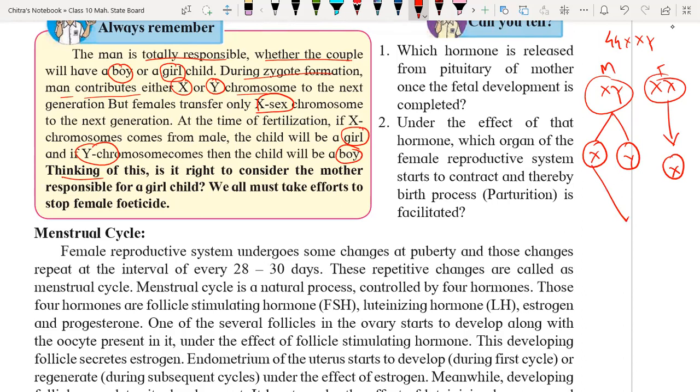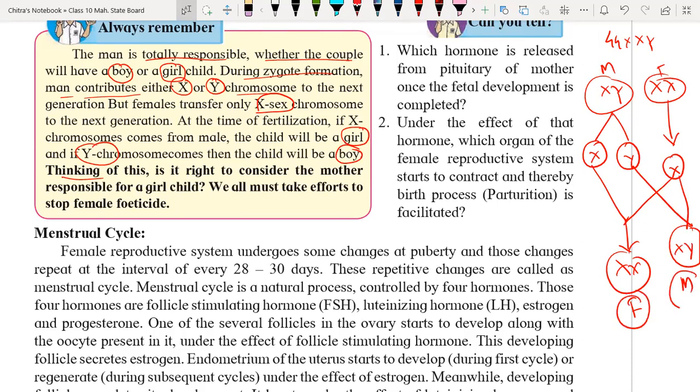If that X combines with that X, it will be XX, so it is the female combination. And if that Y combines with that X, it will be XY, which is the male combination. So for having a female baby or male baby, only these two chromosomes from the male parent are responsible, because the female contributes only one type of gamete. Is it or not? Yes, sir.